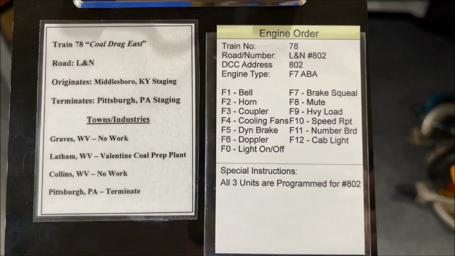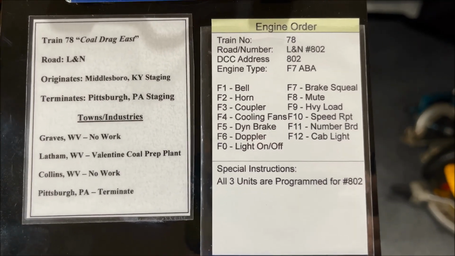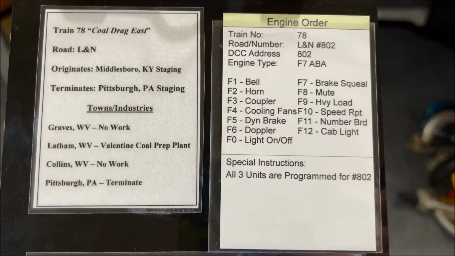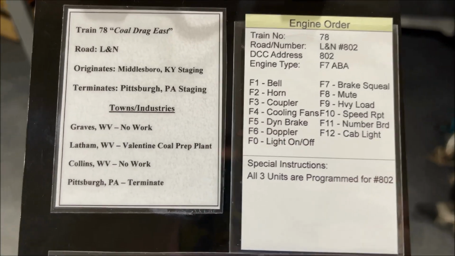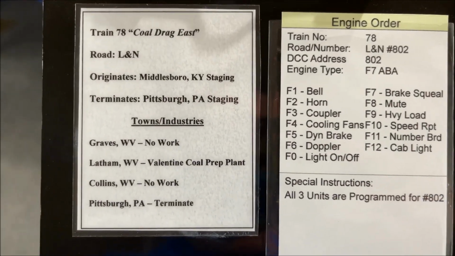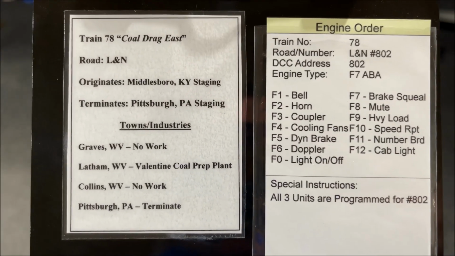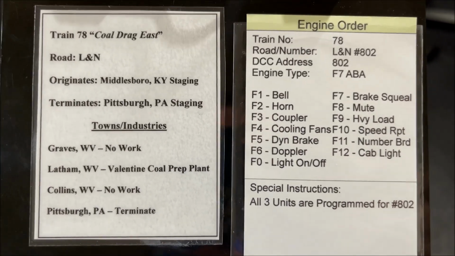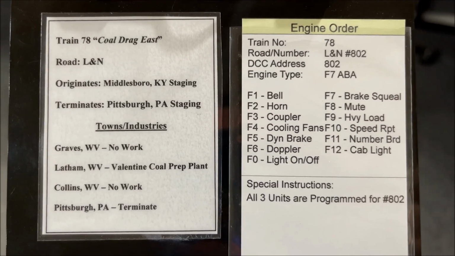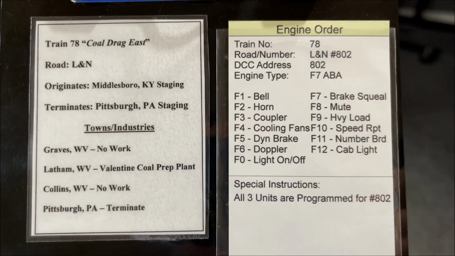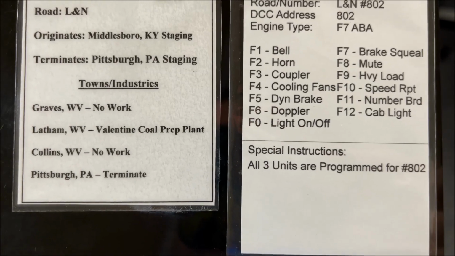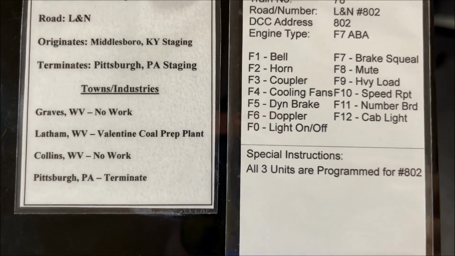And you'll find on the right your engine number and all of the related decoder information for that particular engine or engines. And more importantly, it'll give you information about the work that the train does. So you'll have an originating and terminating staging yard listed, and then a list of towns that your train will go through.